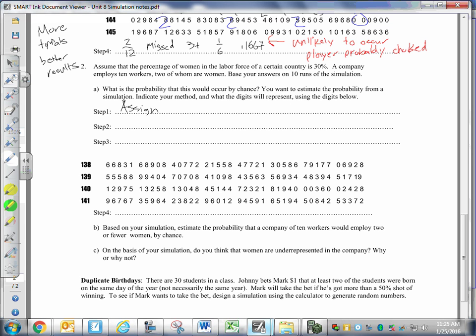However, there's an easier way to do it since it's a multiple of 10. Anybody? 0 through 3 would be 4. 0 through 2. If I get 0, 1, or 2 in a one-digit number, this is going to be a female. If I get 3 through 9, that will be a male.